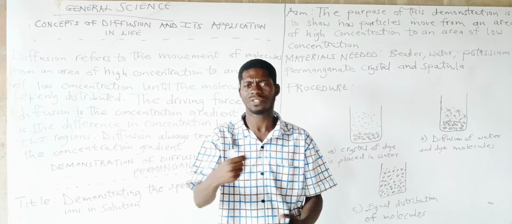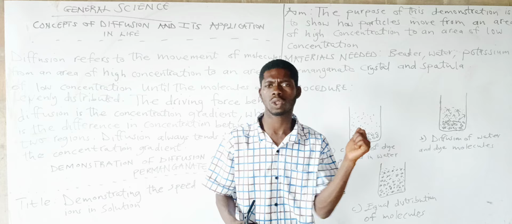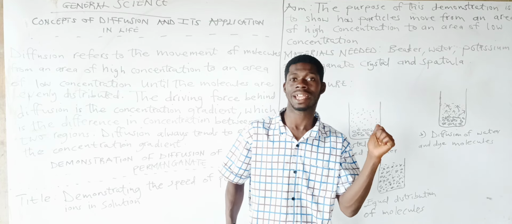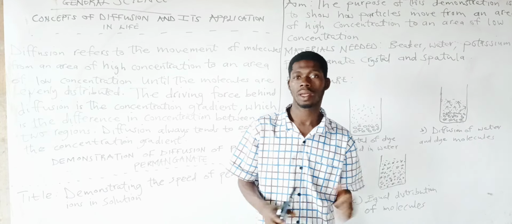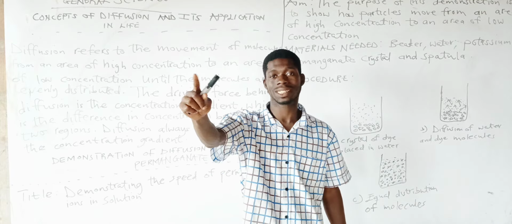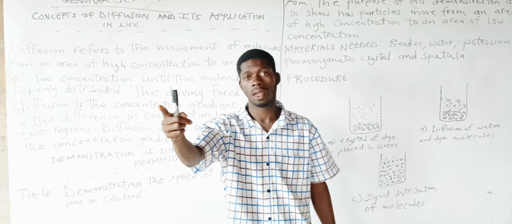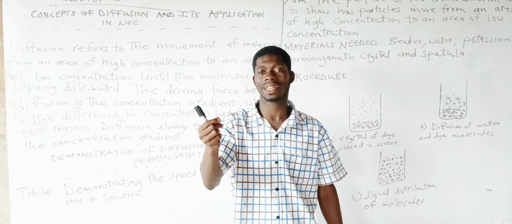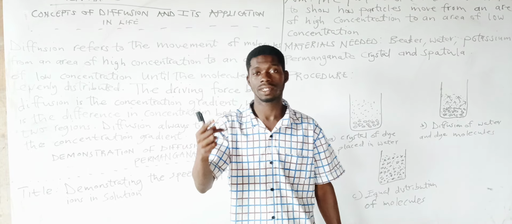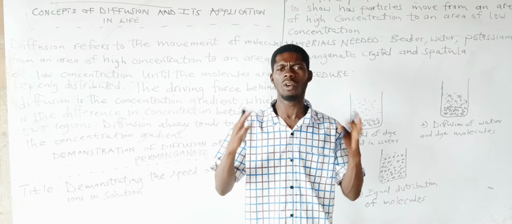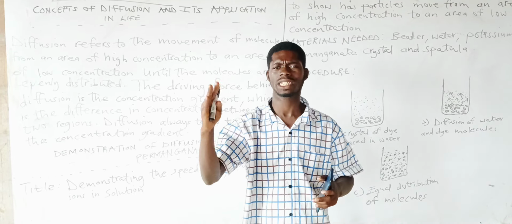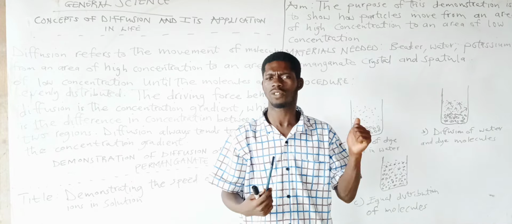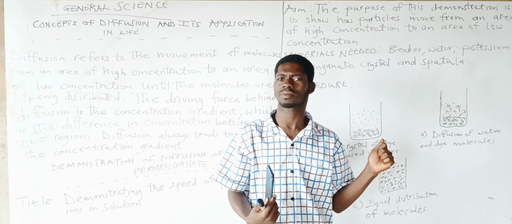At first, that other end was low concentration, because if you can get the smell, it will be low. But where you were standing and sprayed, that place is high, because you can smell the scent so strongly. So it's the movement of molecules from a region of higher concentration to a region of lower concentration.